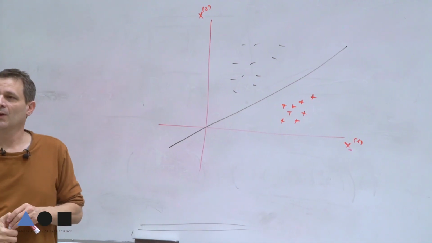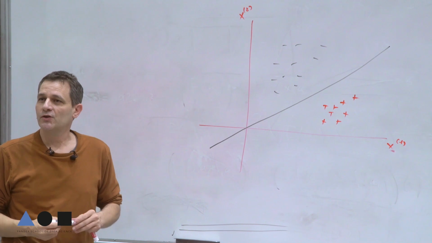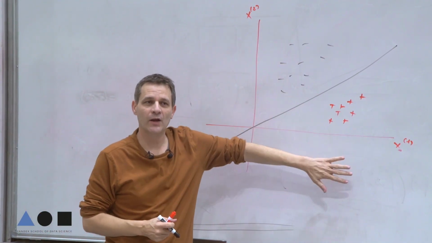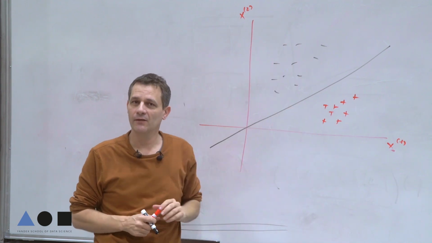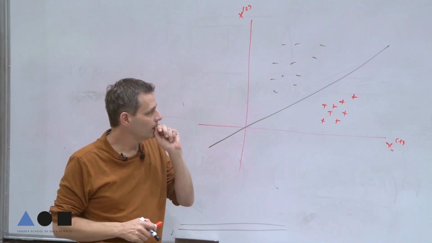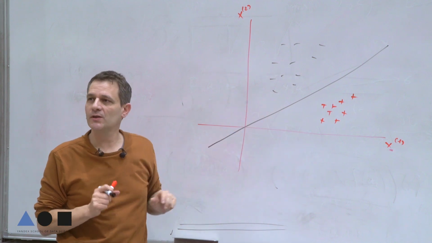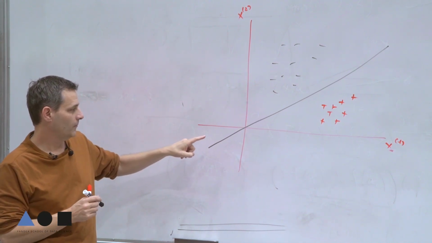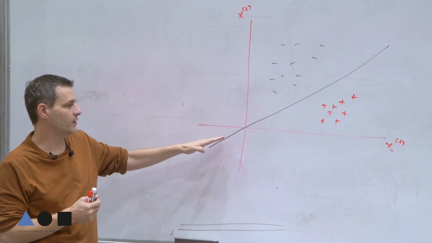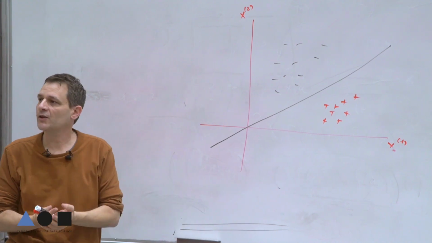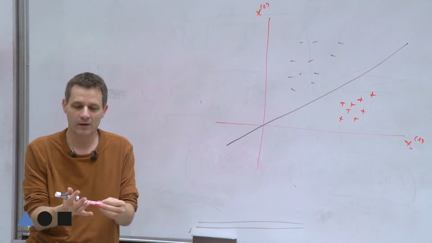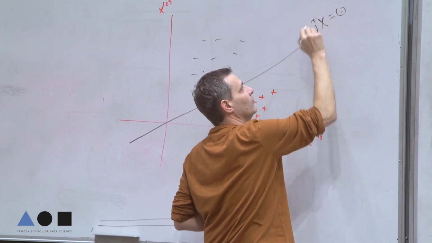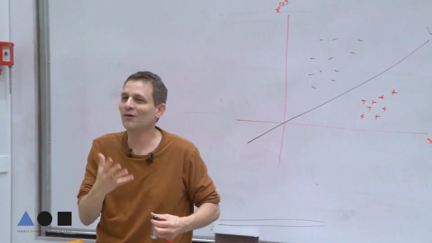You want it such that all samples on one side of the hyperplane are positive and on the other side negative. If you have the right W, let me just remind you, all the points on this line obey a linear equation, which is exactly W transpose x equals 0. That's the definition of a line.